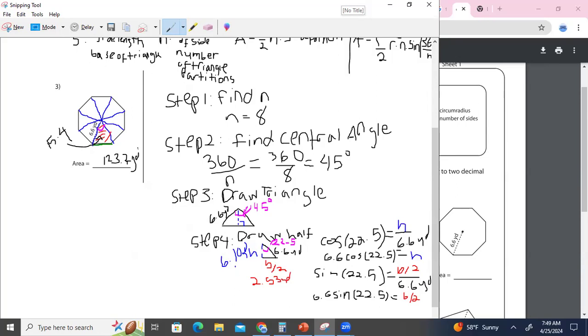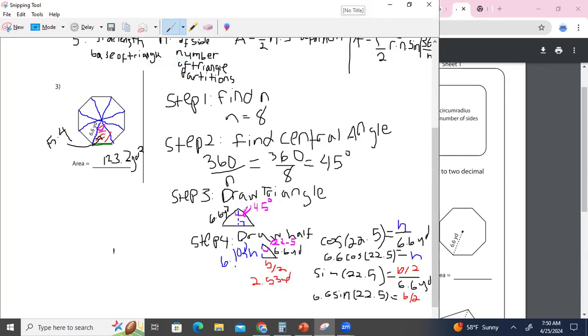Ooh, that was terrible writing. If you didn't quite get it, once you get that half base, you can just say half base times your height, and then times the number of triangles you have.